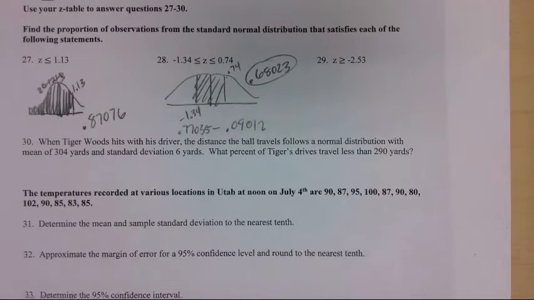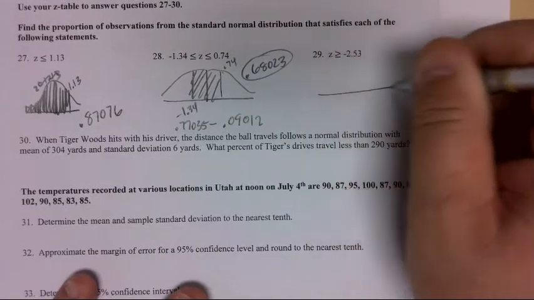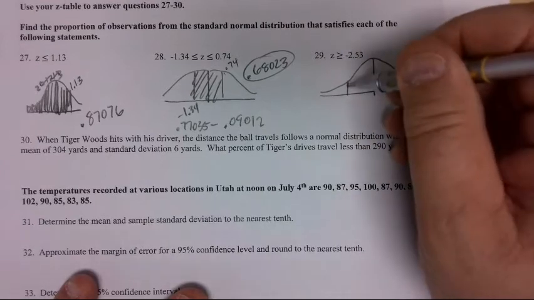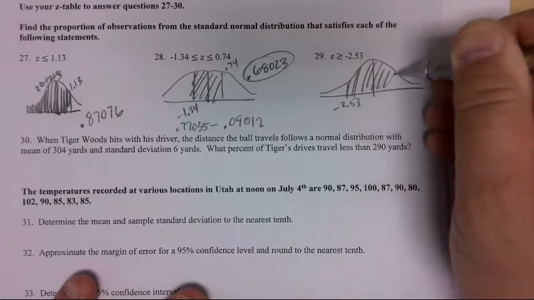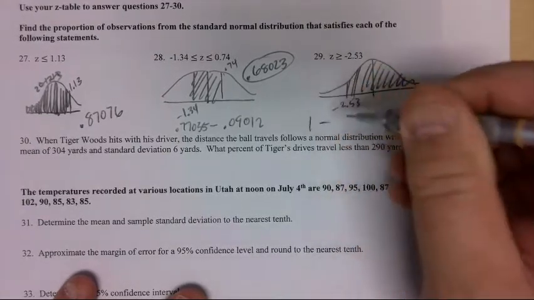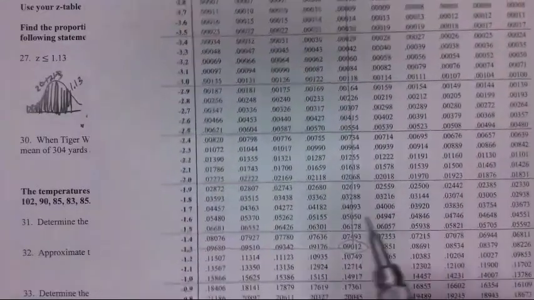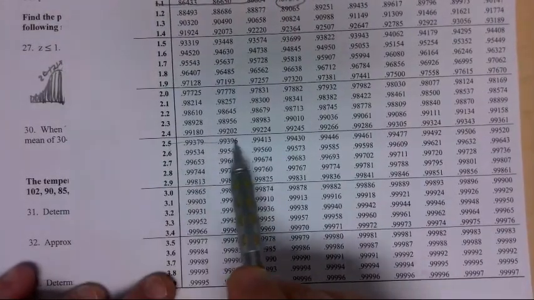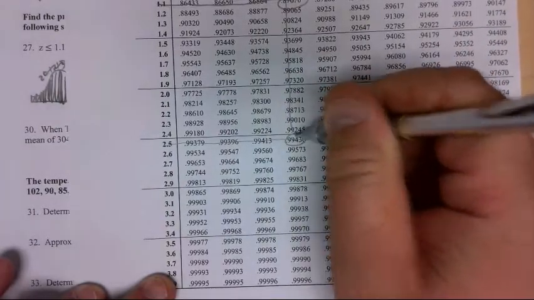Now, if I'm going to do the negative 2.53, okay, negative 2.53 is right down here, and I want above it. So I know I'm going to go 1 minus whatever the percentage there. So 2.53, that's a positive z-score. 2.5 and 2.53, there it is, 0.99430.